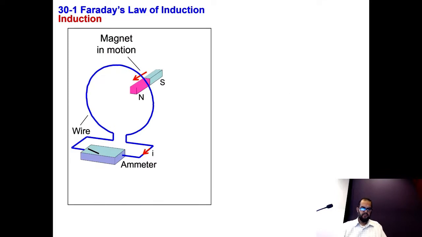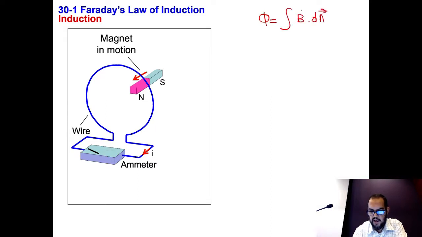Okay? So, this is what we call induction. Basically, we are inducing a current by the movement of a magnet, and what is really happening, we are changing the magnetic flux. Remember last chapter, we defined the magnetic flux, and we said the flux is the integral of B dotted with dA.